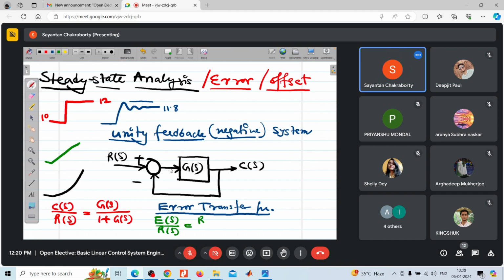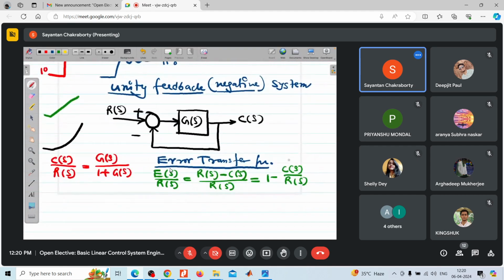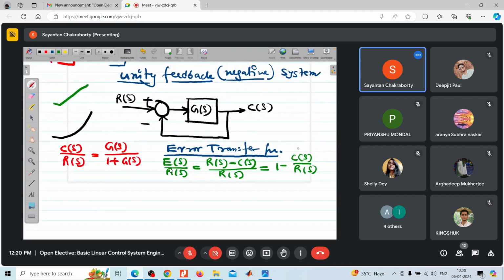E(s) is R(s) minus C(s) by R(s), so that is 1 minus C(s)/R(s). And that leads to E(s)/R(s) as 1/(1+G(s)). This is a very important result.